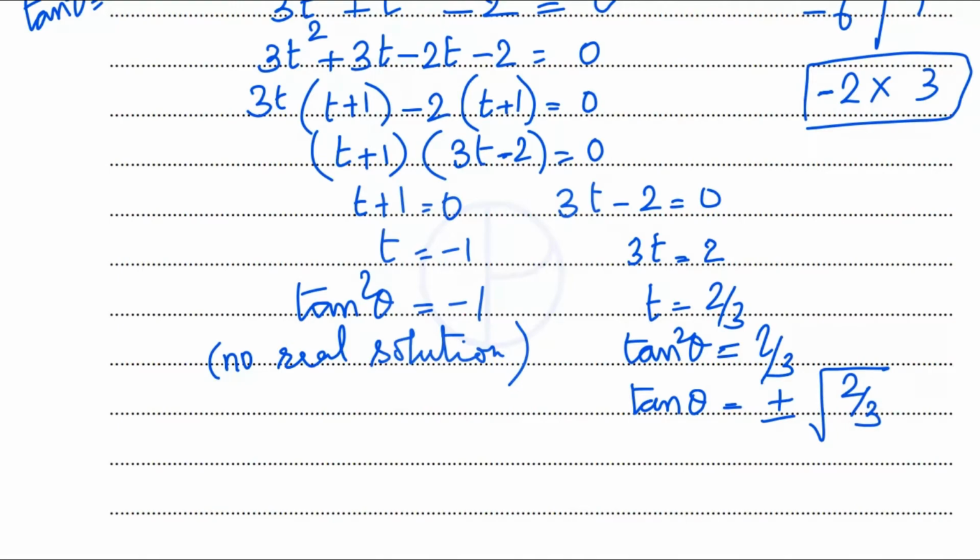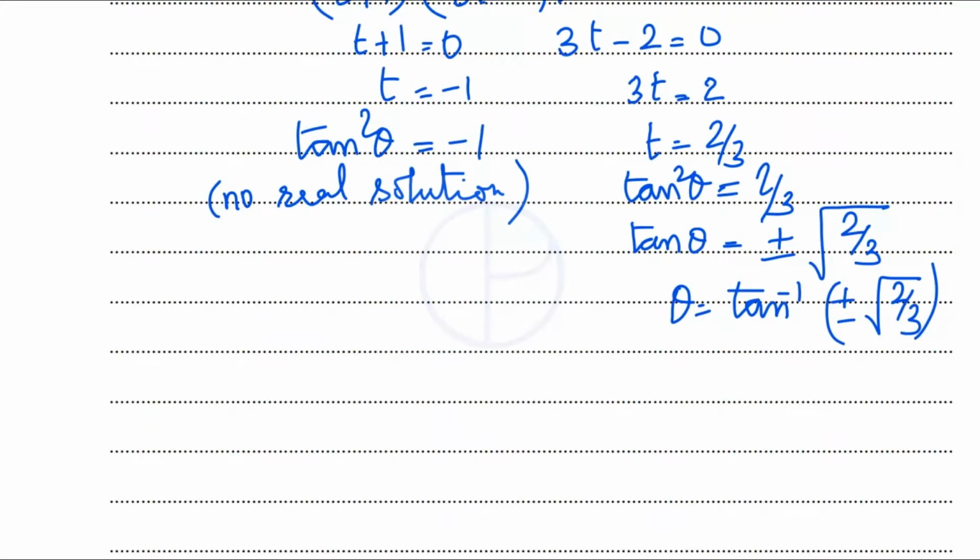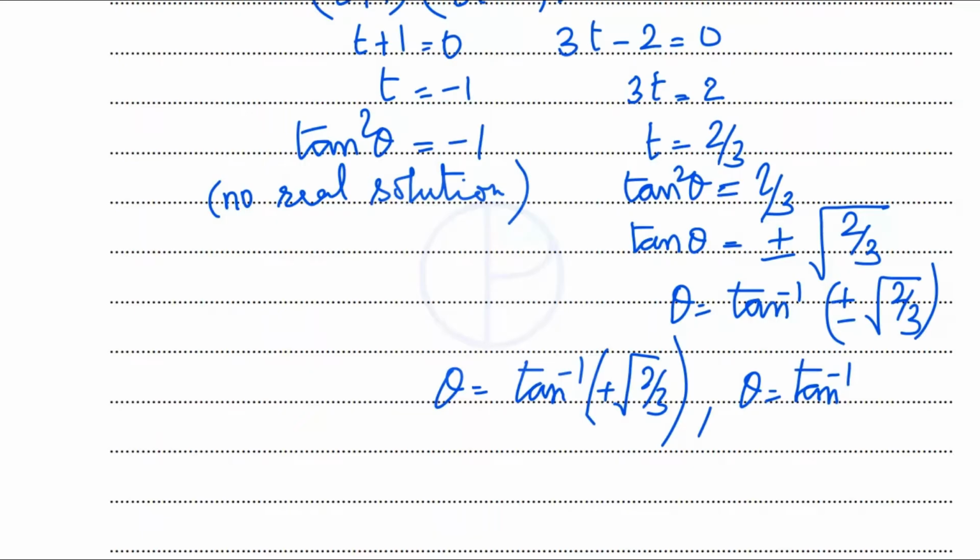Okay, so what is theta? Theta is equal to tan inverse of plus or minus square root of 2 over 3. Theta is equal to tan inverse of plus square root of 2 over 3, and theta equal to tan inverse of minus square root of 2 over 3.